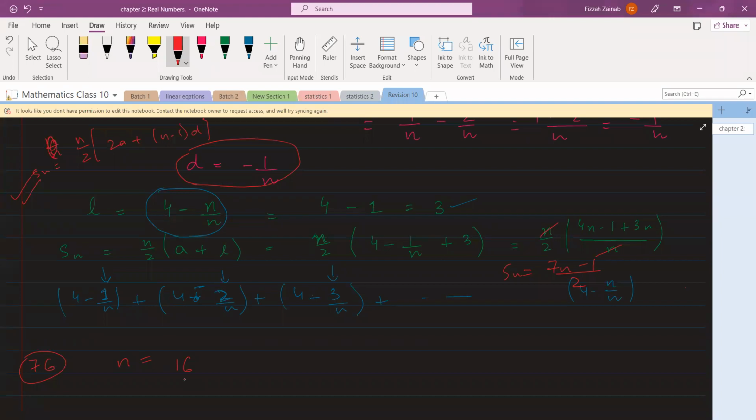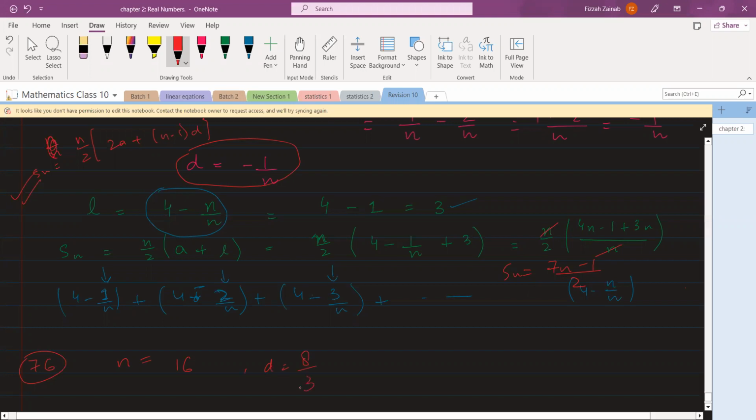Yeah, so d will be in fraction. How much is your d? 8 by 3. Yeah, that's right. 8 by 3. Now do the next question.